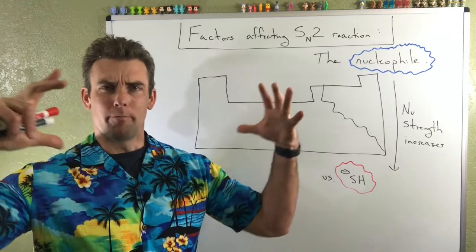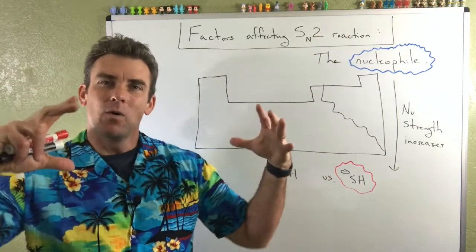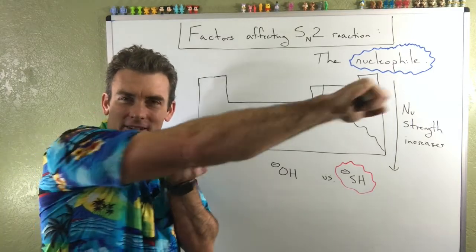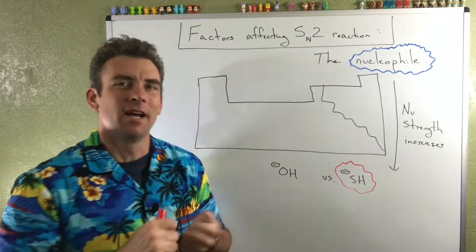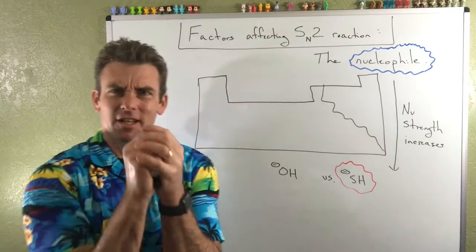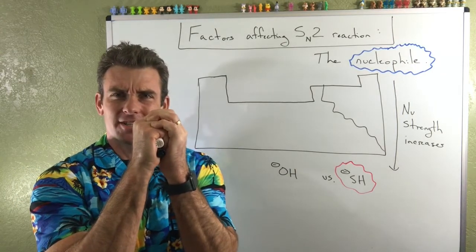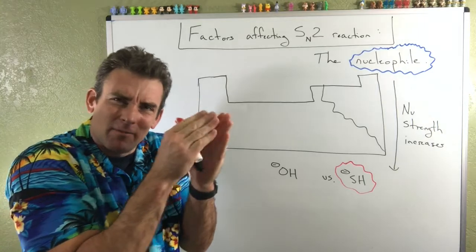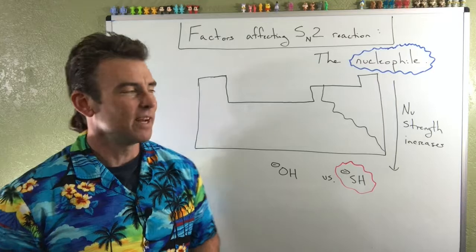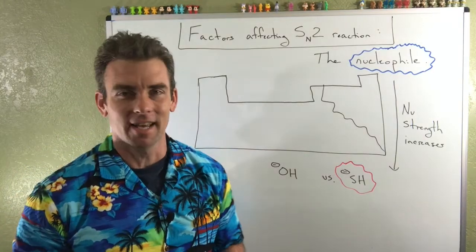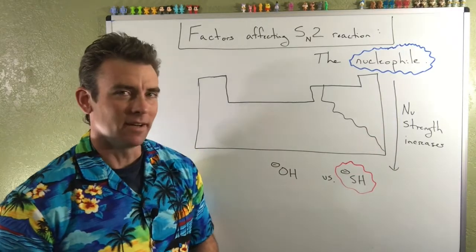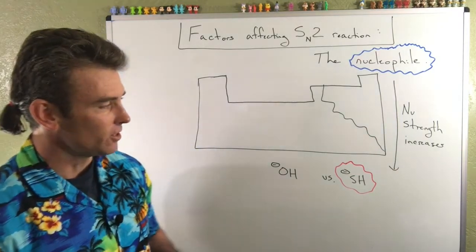If we had a big giant sulfur with its minus charge, we can squeeze that thing together like a balloon animal and force that minus charge to be a little bit better of a point charge, and approach the backside of carbons, whereas oxygen's this little tiny thing with a minus charge that you can't get that same kind of directionality with. That's called the polarizability argument, and it's something you see here and there, and we'll definitely use it on occasion. But it turns out that if you just memorize that, that probably gets you out of your difficulty.